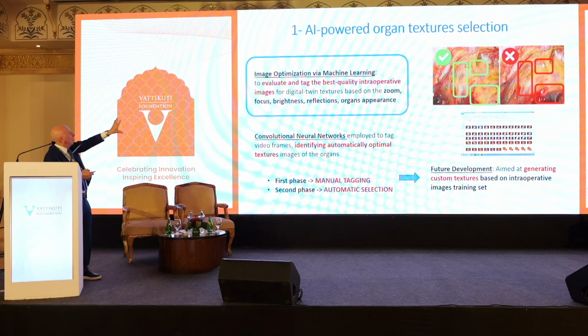Artificial intelligence can now be employed for selecting the best texture: first of all we visualize the images, we tag the single images, we train the algorithm after the manual tagging in the first step, and in the second step there is an automatic selection by artificial intelligence, with the aim to generate one custom texture for each single patient.